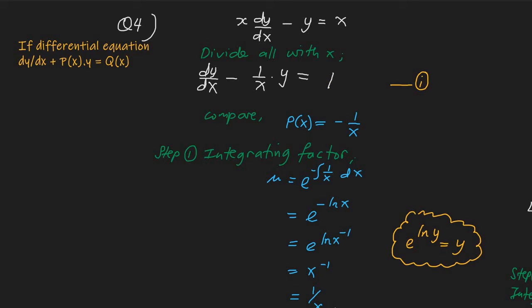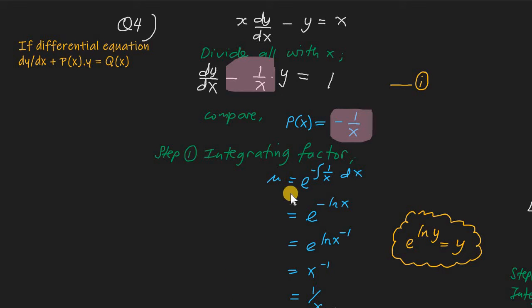From there you can see the p. The p here is 1 on x, but actually it's a minus sign, so the p has to be read as minus 1 on x. In the marking scheme, recognizing the p earns the M1 mark. Then you get the integrating factor.